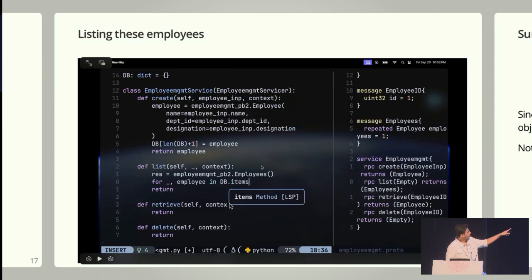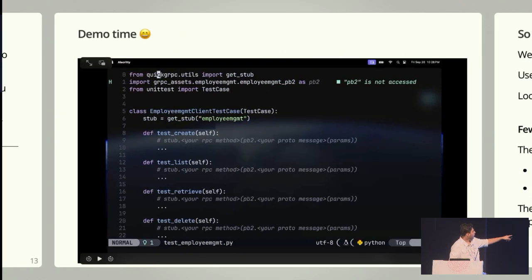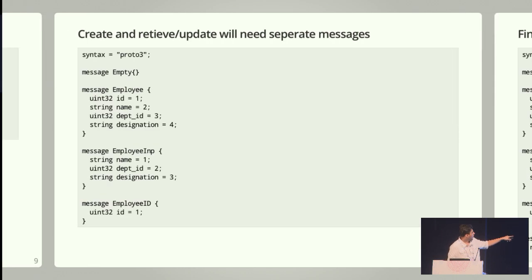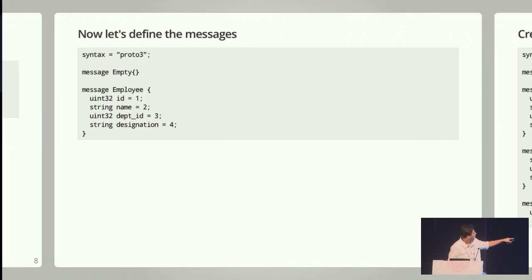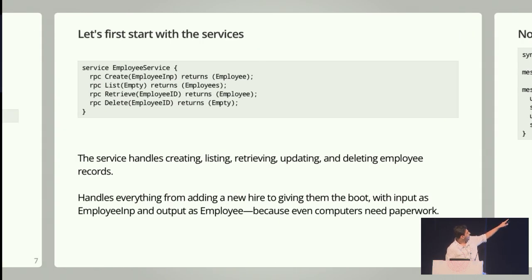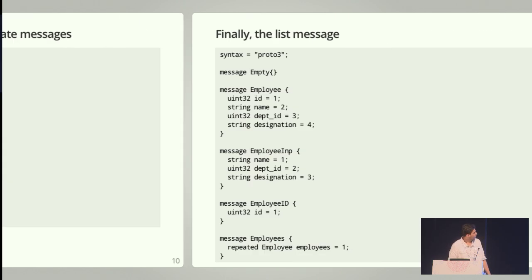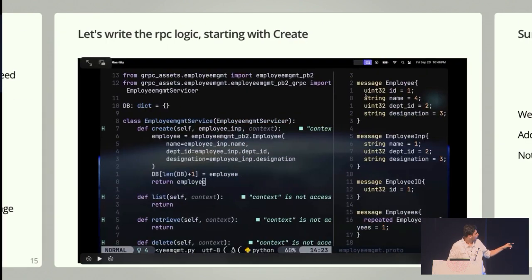So first of all, I need to create an employees object because that's what our list protobuf takes in, right? Yeah, so list returns employees, which is a list of employees, a repeated employees proto object.